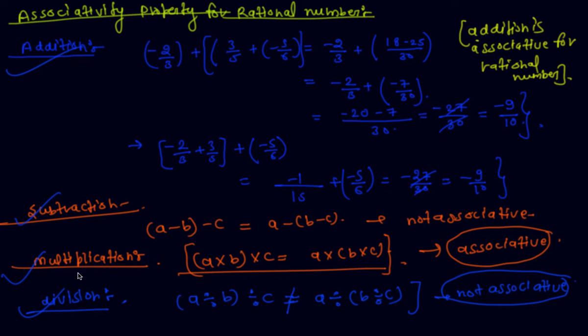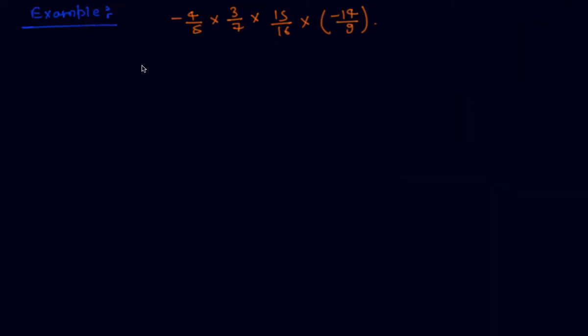Now let's take an example on this property. I take this example and solve this expression. If I take two pairs at one time, I can take minus 4 by 5 into 3 by 7, into 15 by 16 into minus 14 by 9.